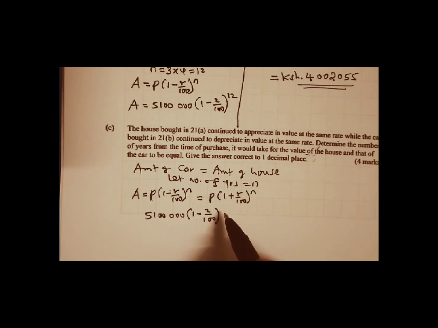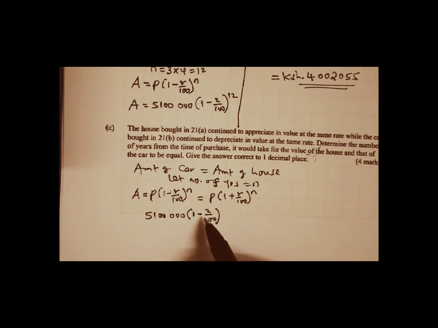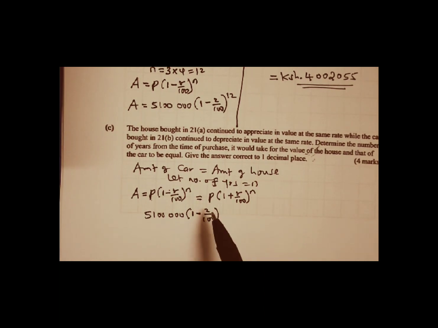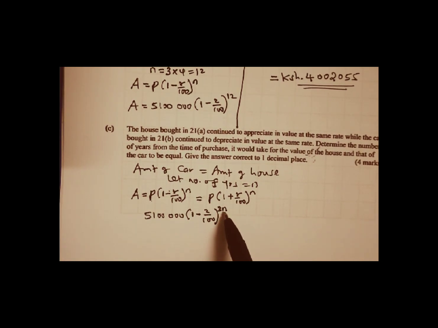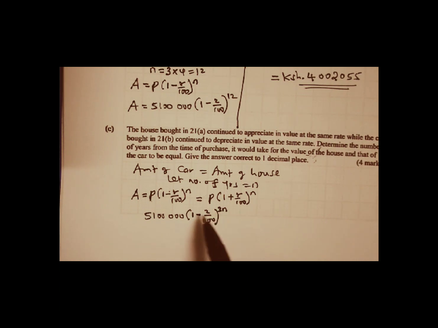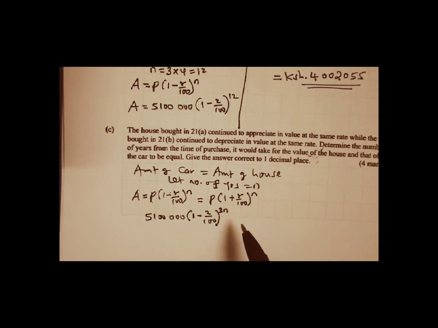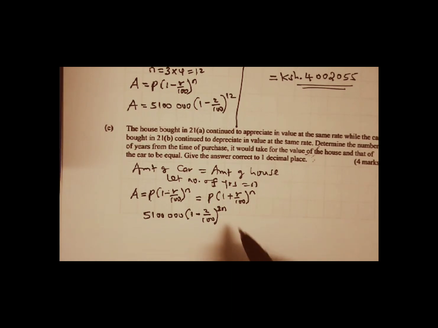We raise to n, but we do not know our n. In this case, our n is going to be 3n. Remember, we are looking for the number of years, but in 1 year, the car was losing value 3 times, going by the rate that we were given.